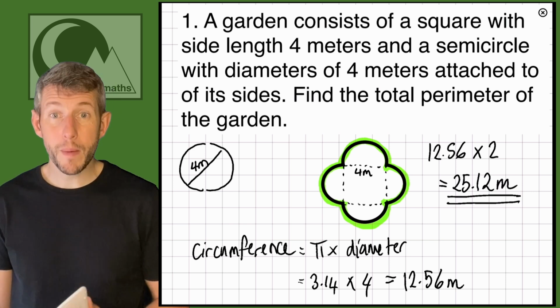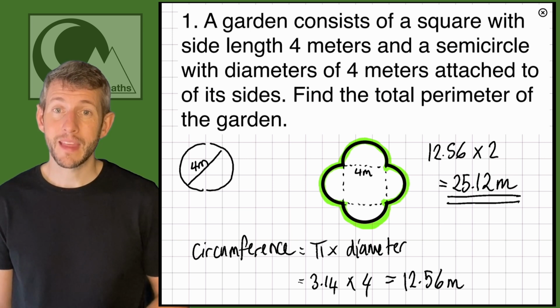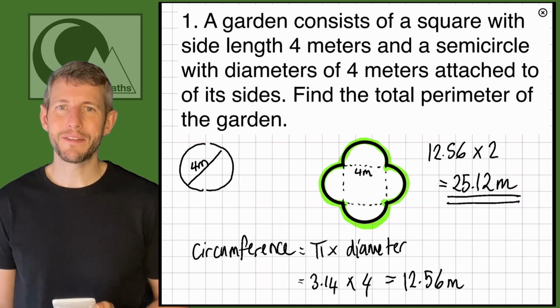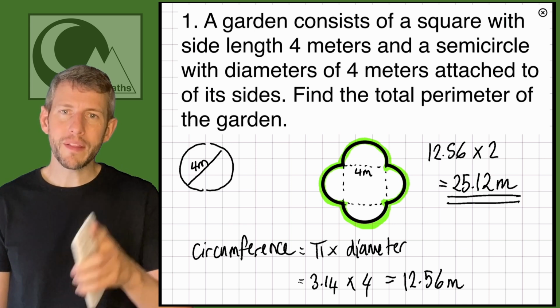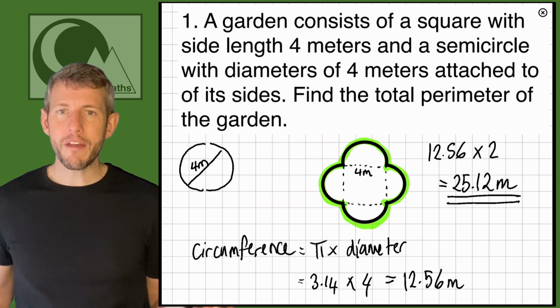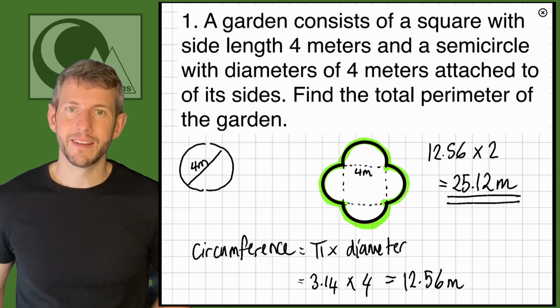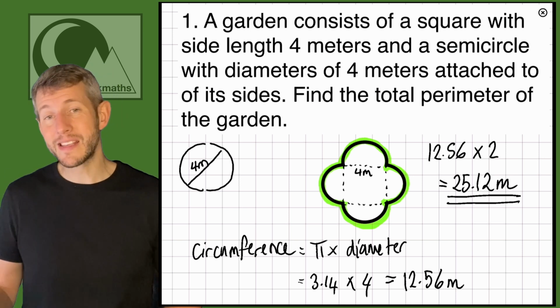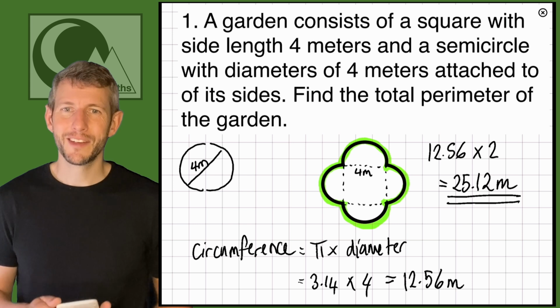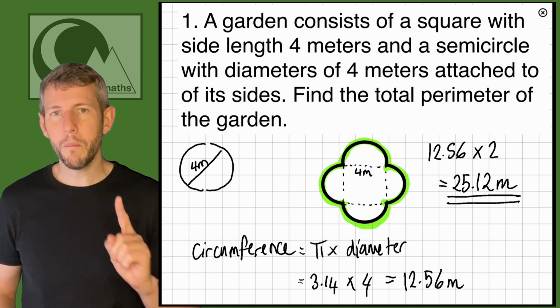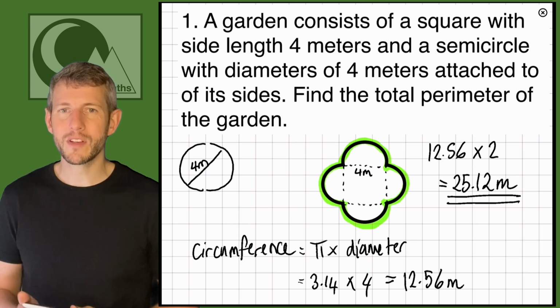So we know the perimeter of this shape is going to be 25.12 metres. Okay, now I'm calling that the perimeter because now that they've been put together, it is the perimeter again. Okay, when it's on the circle, it's the circumference, and then when it's on the shape like that, it's the perimeter.